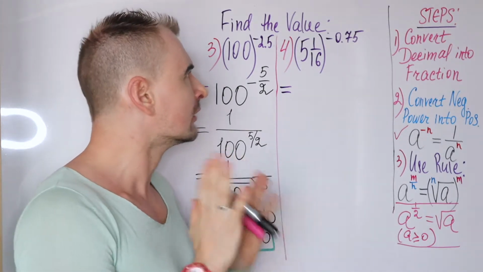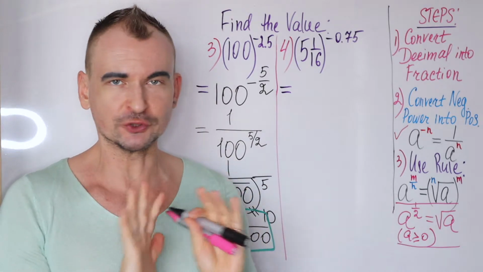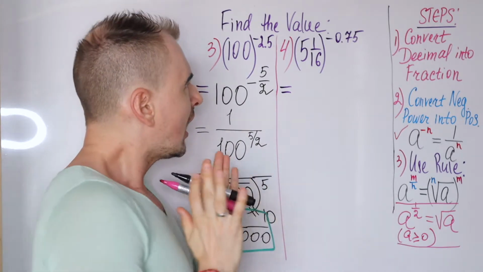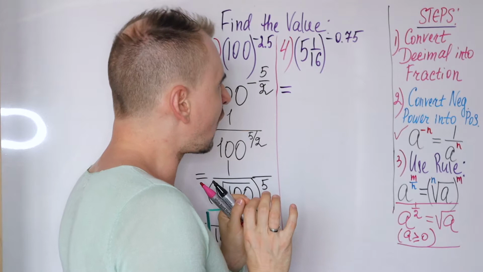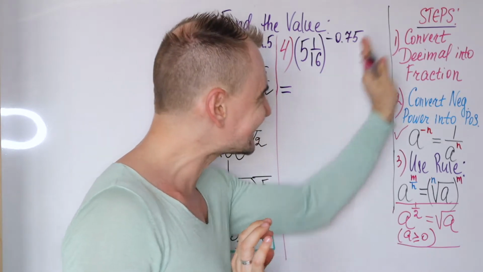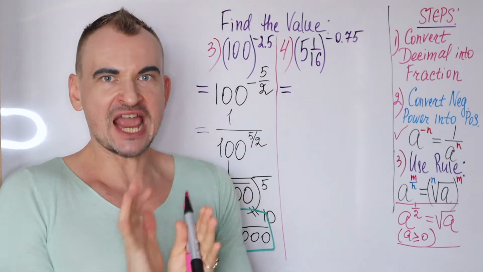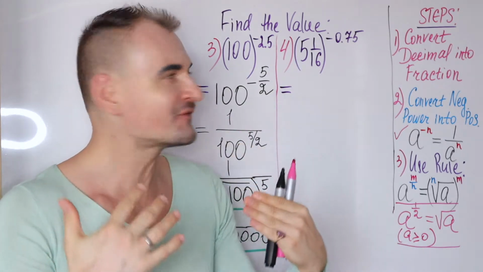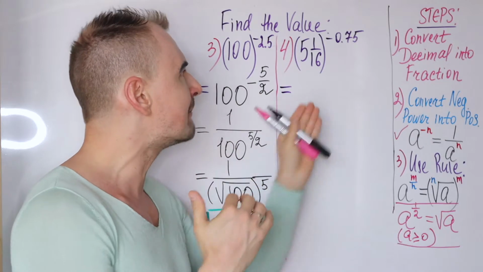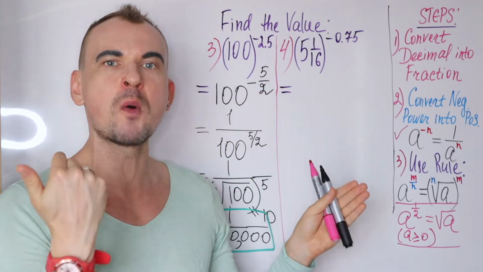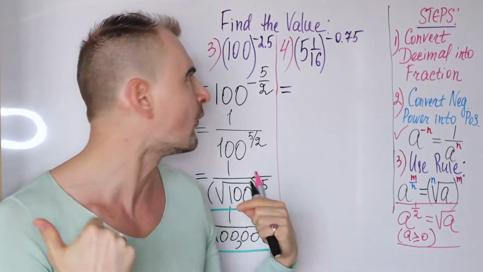Right, and the last one, finally. Looks shocking, looks spooky. Yes, I know, don't worry, I'm going to break it down. Look, first of all, before we get into these steps, look at your base. Your base is a fraction, but on top of this, it's a mixed number. It's a little bit different from the second example I did before.